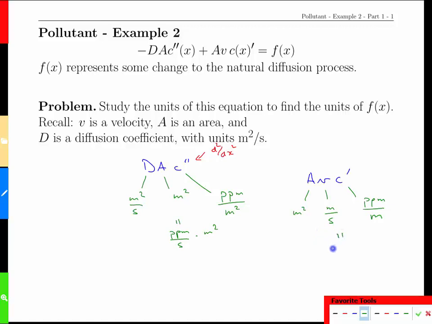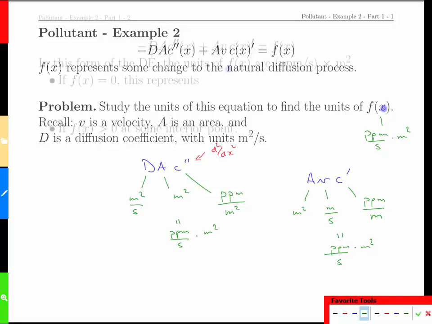And all this together gives us parts per million per second and 1 meter squared still left standing. And so what that tells us about the units of f of x, if it's going to be equal to these other two quantities, it's going to be in that same parts per million per second with some influence about area of exposure, presumably.